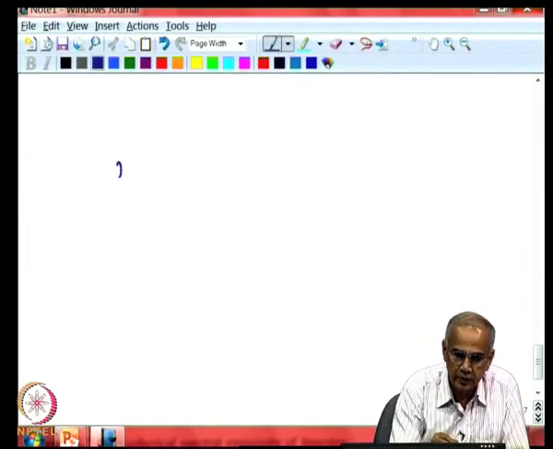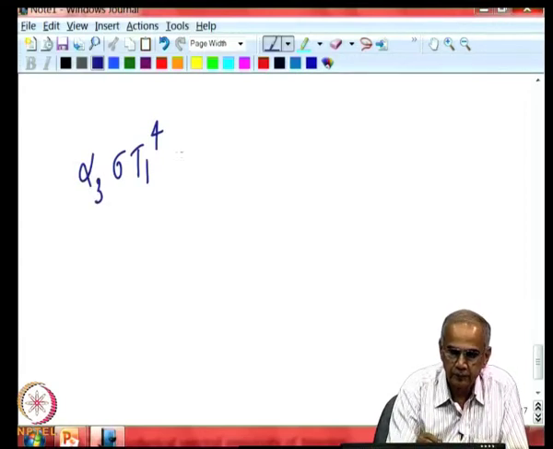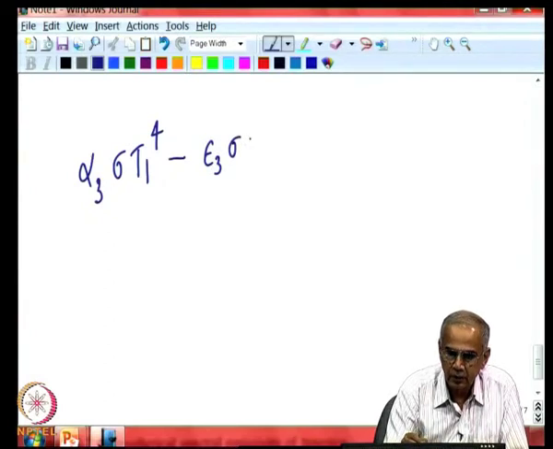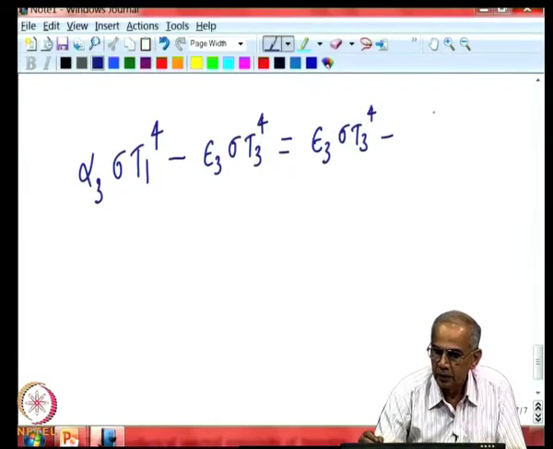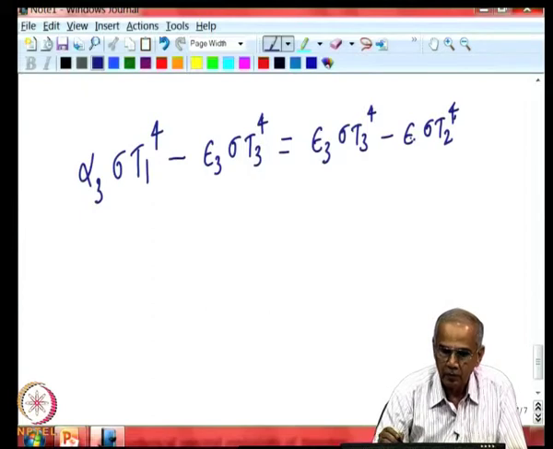So, this is the radiation emitted by 1, what is absorbed by 3 is alpha 3, and the radiation emitted by 3 is epsilon 3, and all of it will be absorbed by 1, because 1 is a black body, and here is the radiation emitted by 3, all of it is absorbed by 1, and minus the radiation that is emitted by 2 and absorbed by 3.